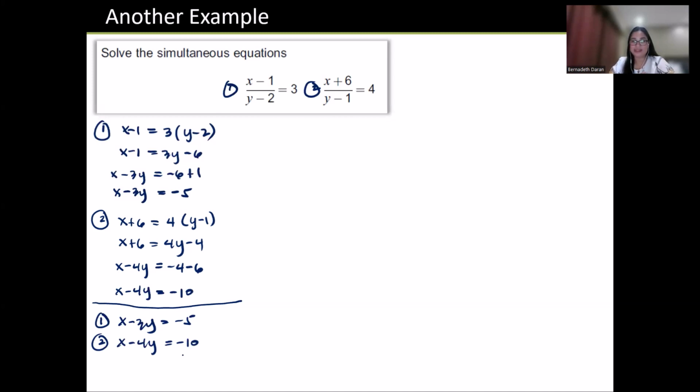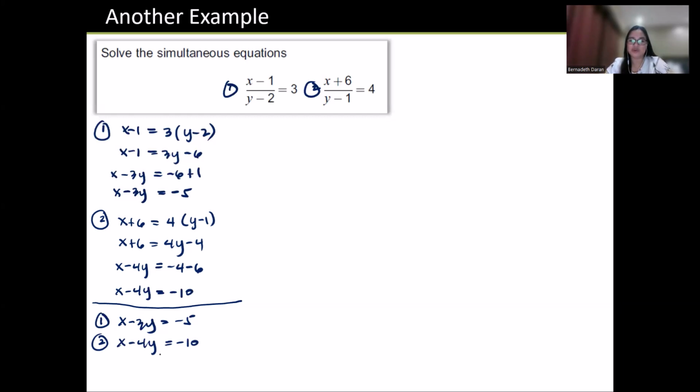Now, does any of our variables have the same numerical coefficient? Again, what are the variables we have here? We have x and y, right? And if you will notice, the x in equation 1 has a numerical coefficient 1, right?